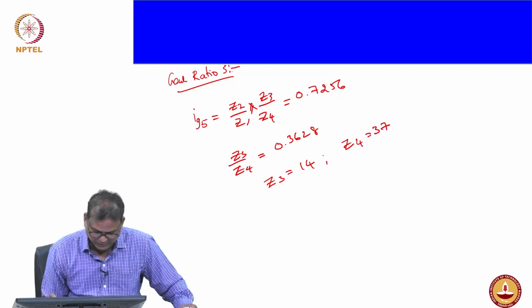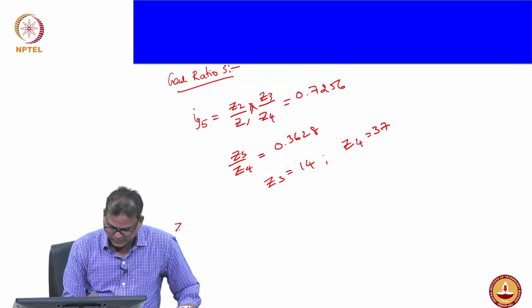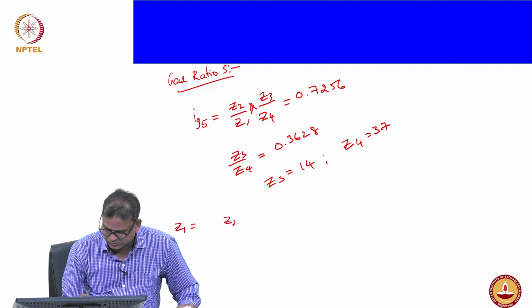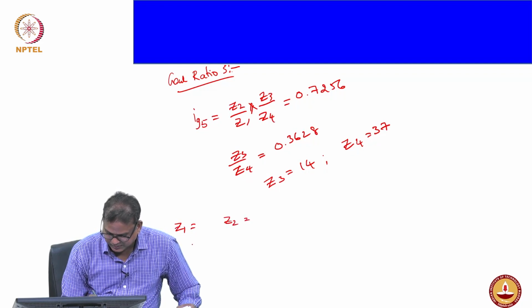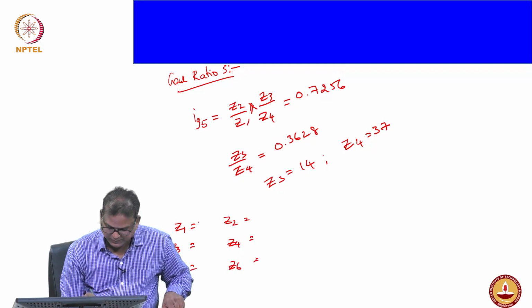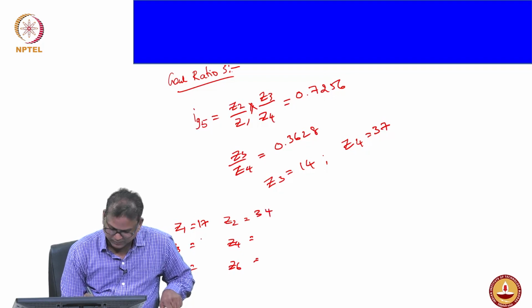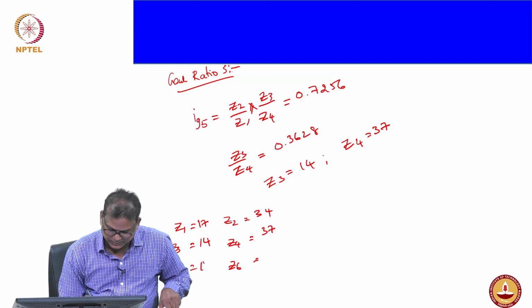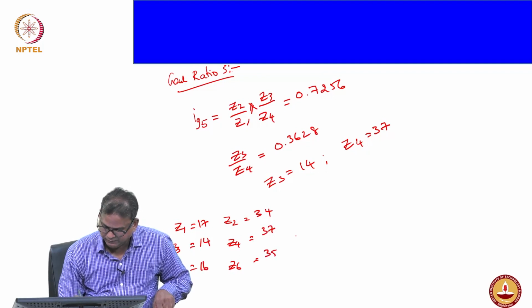Let me write down individually Z1, then matching Z2, Z3, Z4, Z5 and Z6: 17, 34, 14, 37, 16, 35.